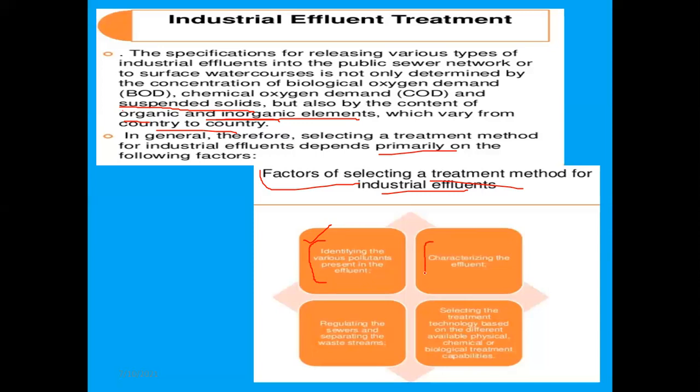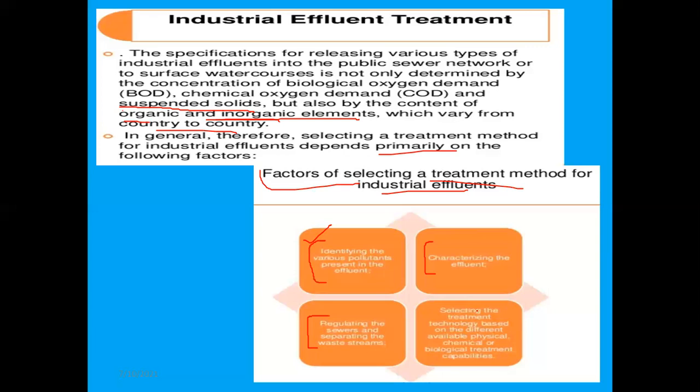Second one, characterizing the effluent. Third one, regulating the sewers and separating the waste streams. A sewer is where the sewage is coming into the sewer pipeline. So we have to regulate it and we have to separate the waste streams.